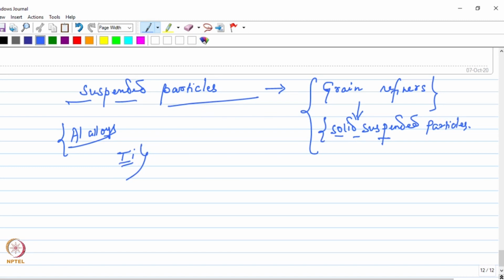Okay, so this titanium surface will now act as the heterogeneous nucleation site, because these kinds of particles can be still solid even at the melting point of aluminium. But this is not really metallic titanium that you are going to have inside the melt.